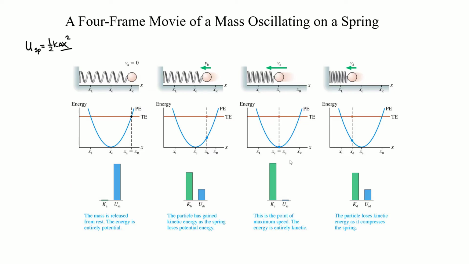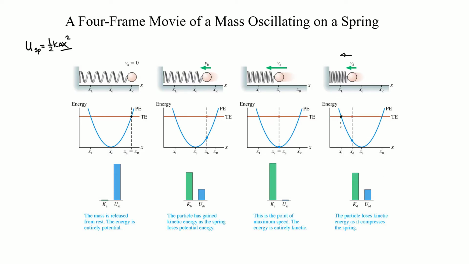To give you an idea of more of the information, we can sit here and think of, okay, how far is this mass actually going to go before it stops and starts coming the other way? Well, when it stops, it's going to have 0 kinetic energy. It's going to have stopped. And all that energy is going to be in potential energy, which is defined in this plot as that point where they meet, right?